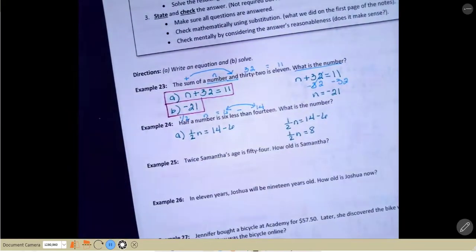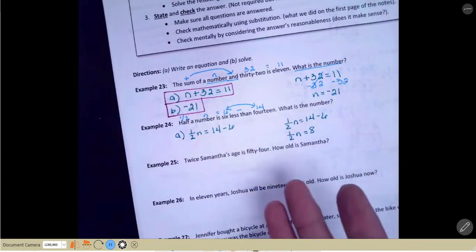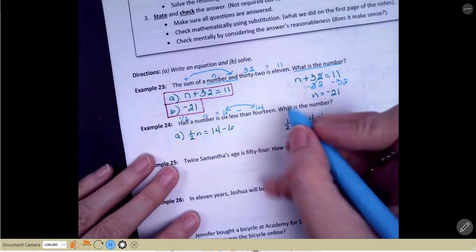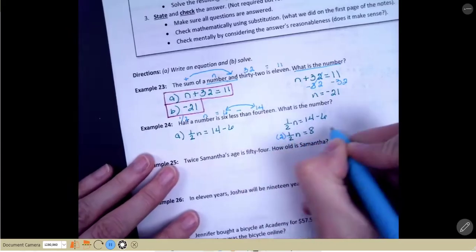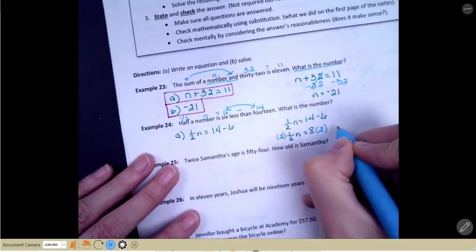Then you solve it like we just did on the previous side, and you are going to multiply by the reciprocal. When I multiply by the reciprocal and my numerator is 1, really all I'm doing is multiplying both sides by that denominator.